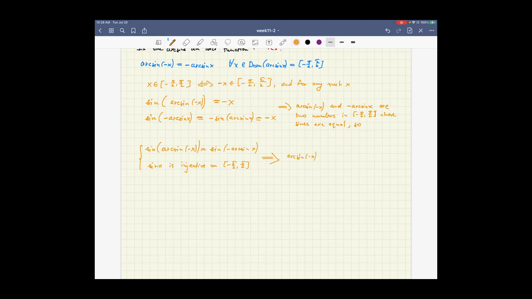Arcsine of negative x equals negative arcsine x for any x in negative pi over 2, pi over 2.